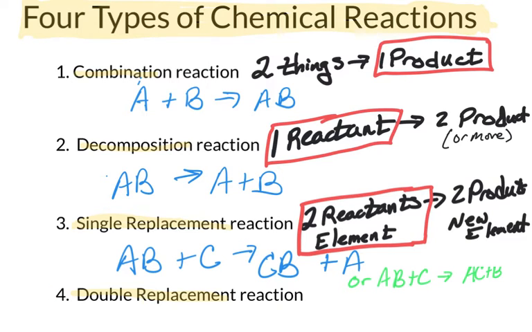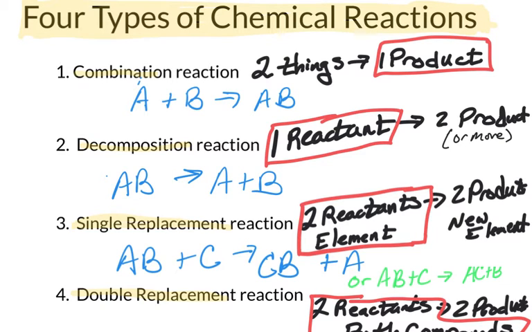In a double replacement reaction, we'll see that 2 of them trade partners. I think of this kind of like square dancing, where you have a compound AB and another compound CD, and they're going to trade places. In this case, A and C will trade places so that we get CB and AD, 2 new compounds are formed. And now I'll go into a little bit more detail about each of those reactions.